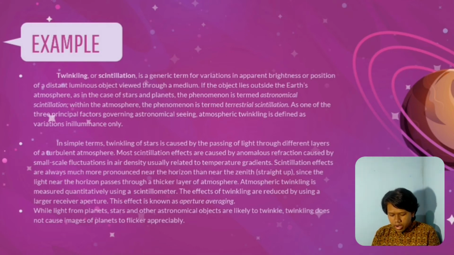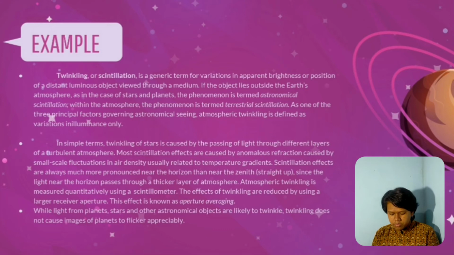As in the case of star and planet, the phenomenon is termed astronomical scintillation. Within the atmosphere, the phenomenon is termed terrestrial scintillation. As one of the three principal factors governing astronomical seeing, atmospheric twinkling is defined as variation in illumination only.